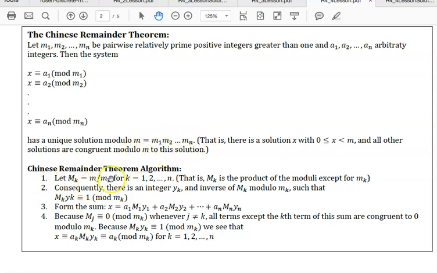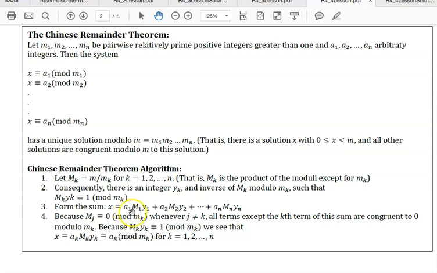All right, so the algorithm: we first find these Mk, which are basically the product of all the moduli divided in turn by each of the single moduli. Step 2 is to solve for inverses. We're going to find the inverse of each of these big M's with the modulus that we divided out of the product. Then we're going to form this sum, and this sum is going to give us our solution.